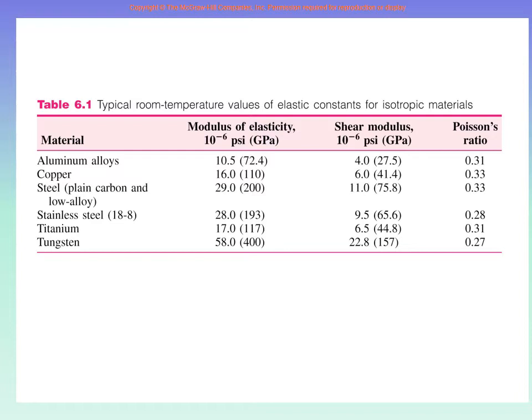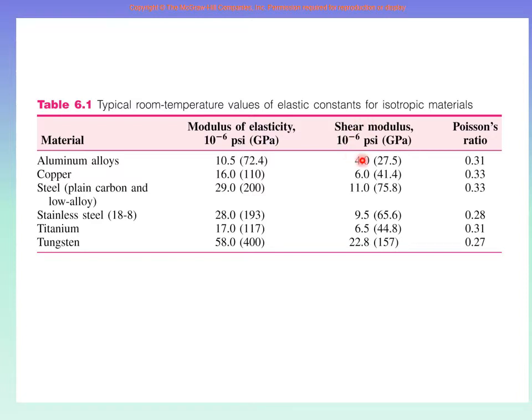Sigma is a stress, epsilon is a strain, and capital E is Young's modulus or modulus of elasticity. So this value is already there. In case of torsional or shear load, tau is equal to capital G gamma. Tau is shear stress, gamma is shear strain, and capital G is the shear modulus.